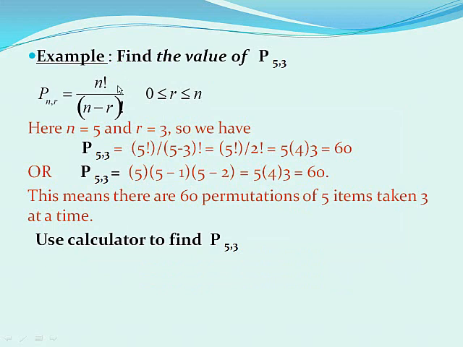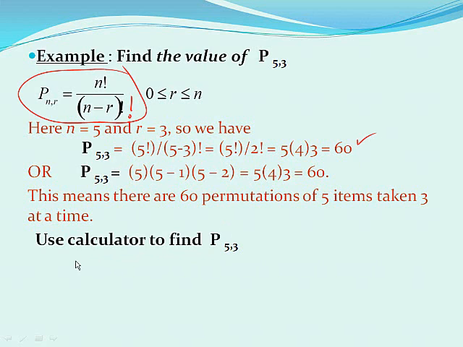So we are going to use this formula, factorial n over factorial n minus r. So this will be factorial 5 divided by 5 minus 3 factorial. So when we simplify that, we'll get 60. This means there are 60 permutations of 5 items taken 3 at a time.